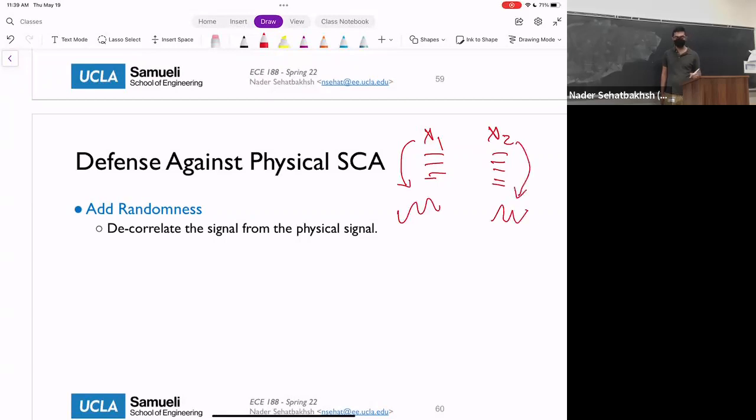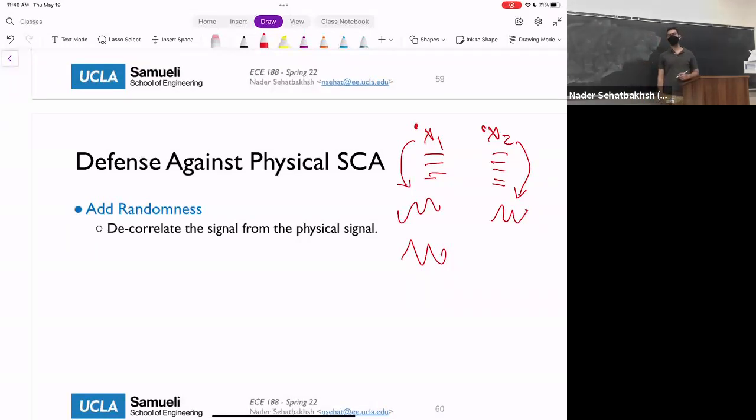So if we can find some way to decorrelate this relationship, so that whenever we do X1 or X2, we just do some random behavior on top of the actual behavior, this way the attacker never understands which one of these two is actually the case, right? Because what the adversary will see is always some sort of random behavior, that regardless of what the input is, that's the signal that they get.